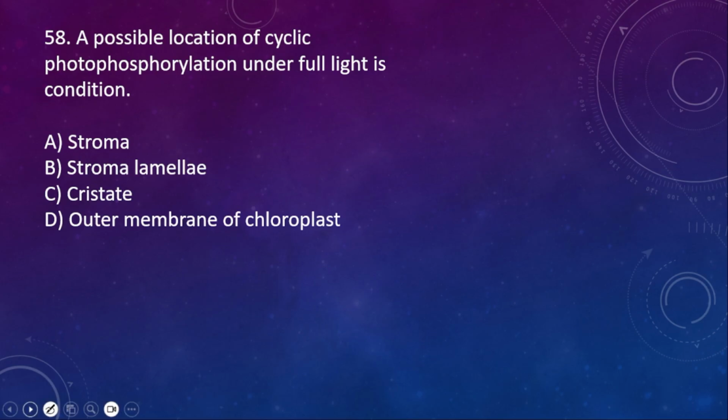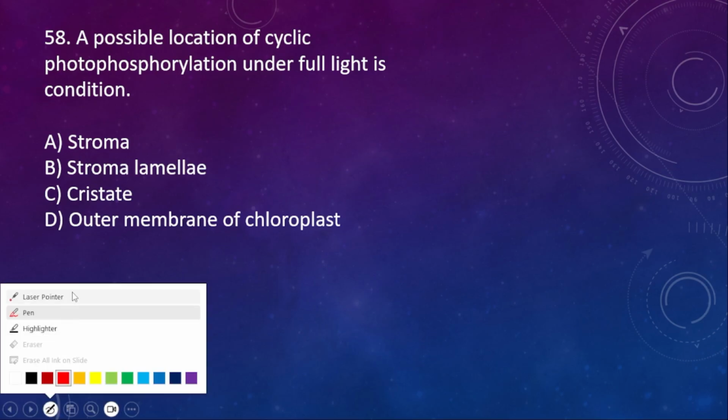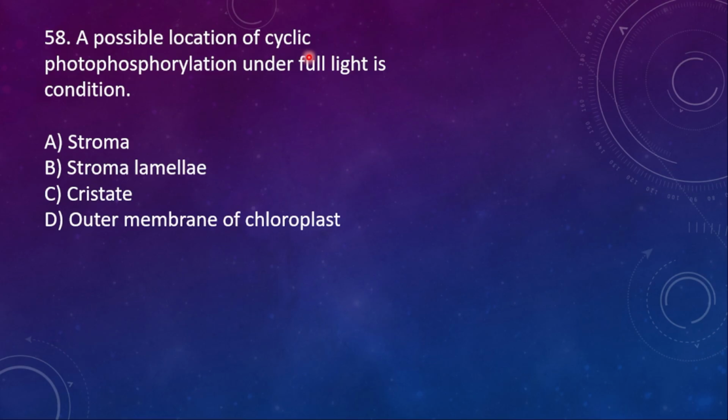58th one. A possible location of cyclic photophosphorylation under full light condition: option A, stroma; B, stroma lamellae; C, cristae; D, outer membrane of chloroplast. Here the right option is stroma lamellae. 59.